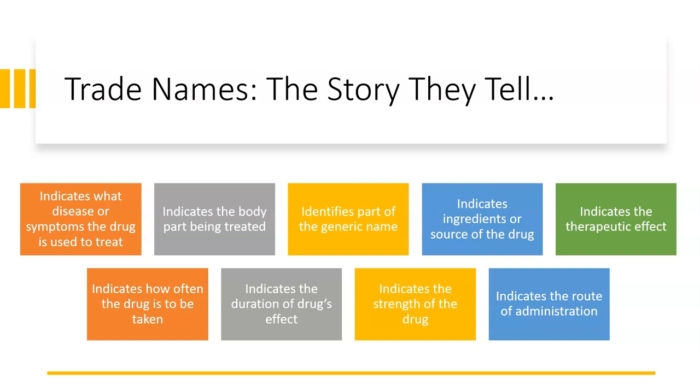Another trade name indicator is how long the drug will last. So again, on that previous list, I was pointing out the LA and the XL. There's CD, there's SA, there's SR, sustained release, extended length. That's going to tell us, hey, these are going to work longer. The trade name can help us indicate the strength of the drug. Cortisone 5.